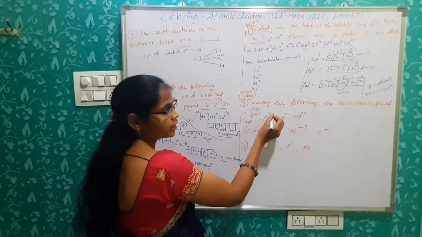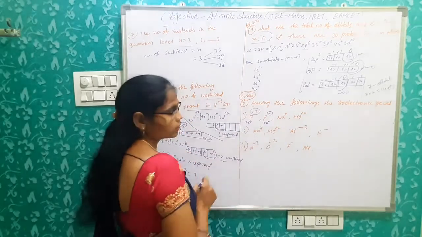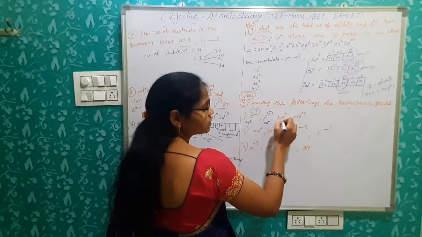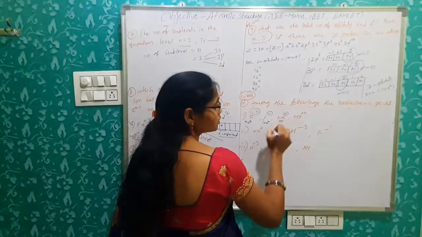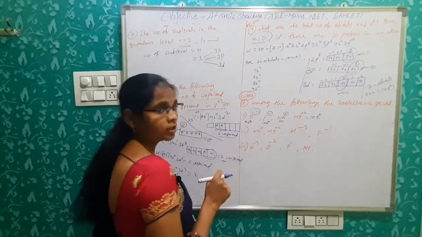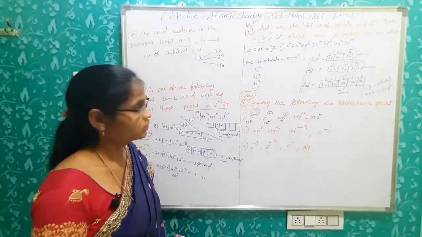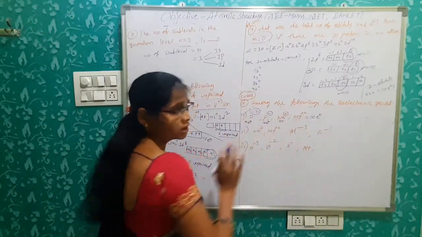Fluorine has 9 electrons, and by gaining 1 electron it also has 10 electrons. Sodium has 11 electrons, and with loss of 1 electron, 10 electrons. Magnesium has 12 electrons, and 2 electrons are lost, so it also has 10. All have 10 electrons, so they are isoelectronic species.